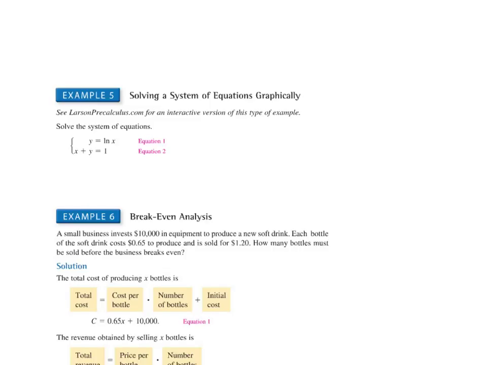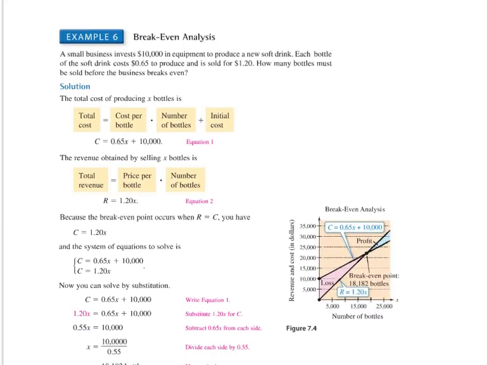Number 6 is not graphical, but they show you graphically as well. This is just another system word problem. So they set it up so that you're doing cost and revenue. Cost is when you're charging people something. Revenue is what you're actually getting back. So profit is actually going to be cost minus revenue, because you end up figuring out how much money you're going to total make in the end.